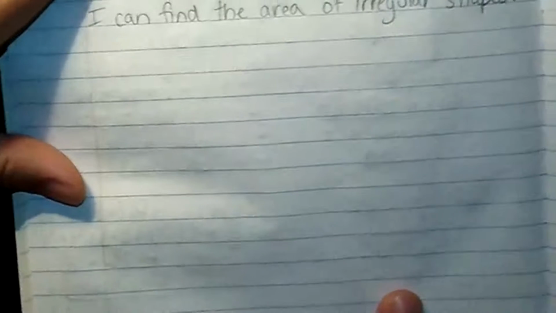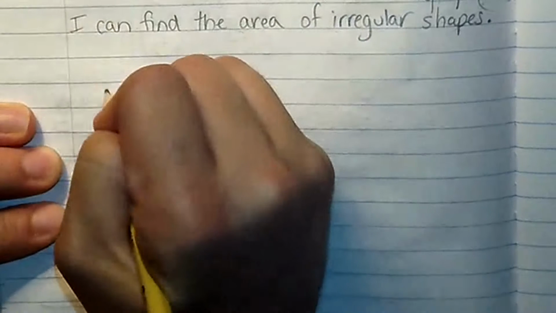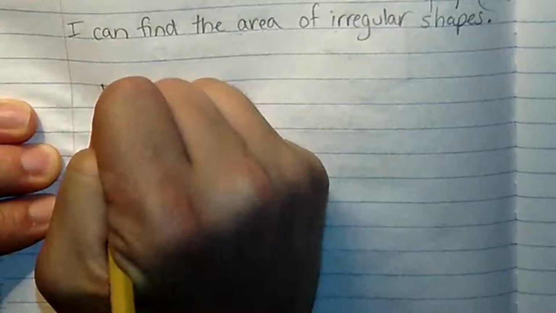All right, let's do our first one for today. So I'm back on the back of that page. Let me see if I can make sure you guys can see it. There we go. All right, I'm going to draw an irregular shape again. It's going to be another fancy swimming pool.